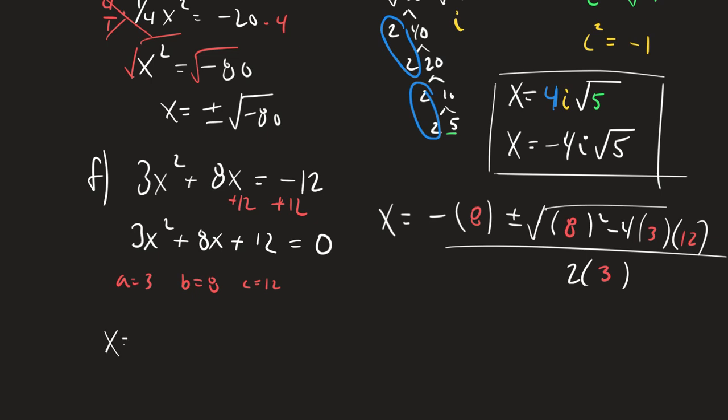So x equals, so I got negative 8 and 6. Negative 8 and 6 here. Plus or minus over 6. Of course, 8 squared is 64.